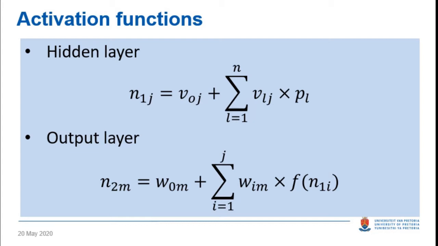Again, you've got the bias, which in this case is W0M, and that's added to the weighted sum of, now we don't have inputs, but we have the output from the previous layer, the hidden layer. That's represented by F, your activation function applied to the N1 function from the hidden layer. That is now your weighted sum of inputs, but the inputs are from your hidden layer rather than from the input layer.